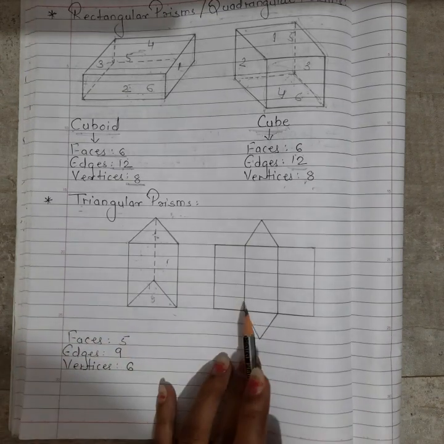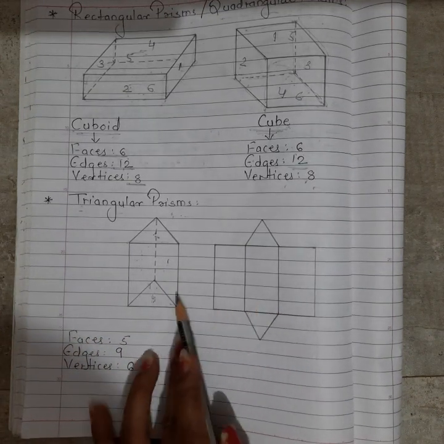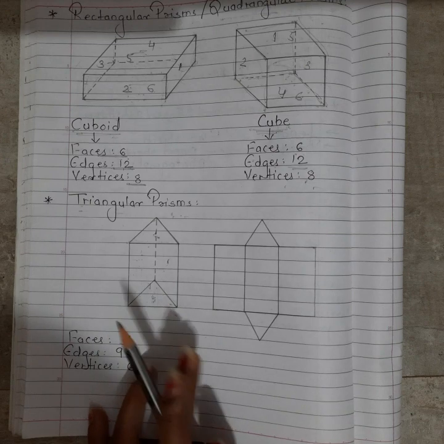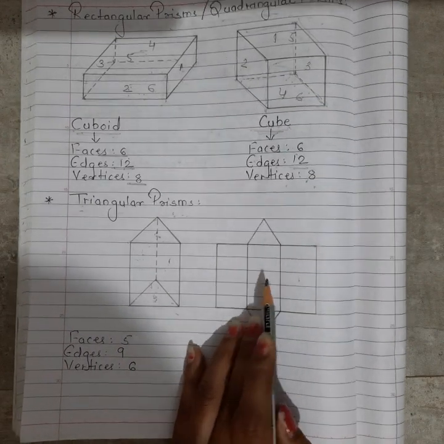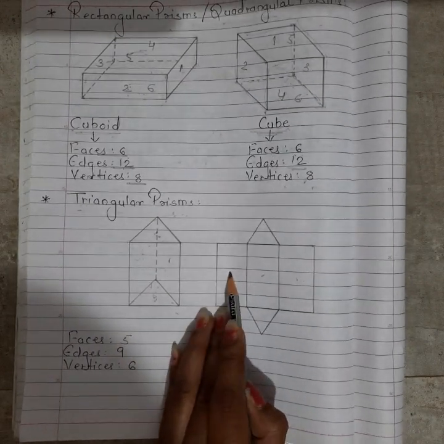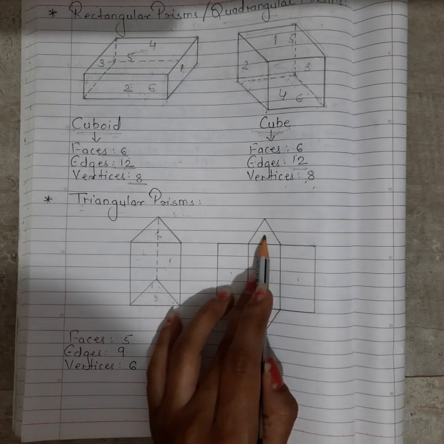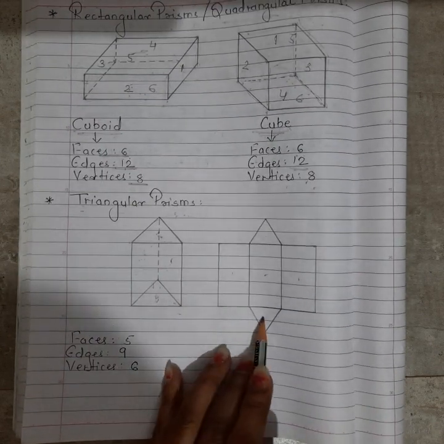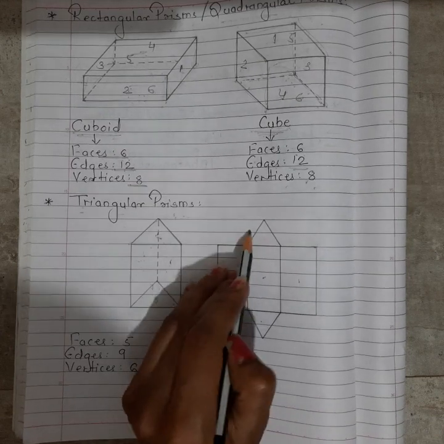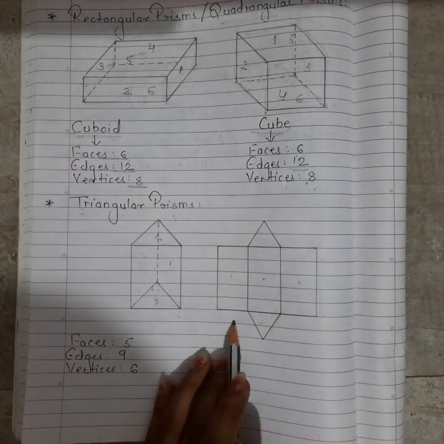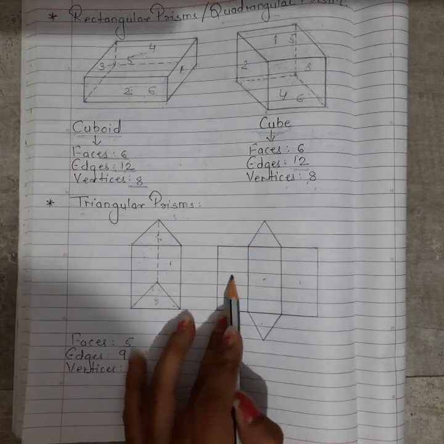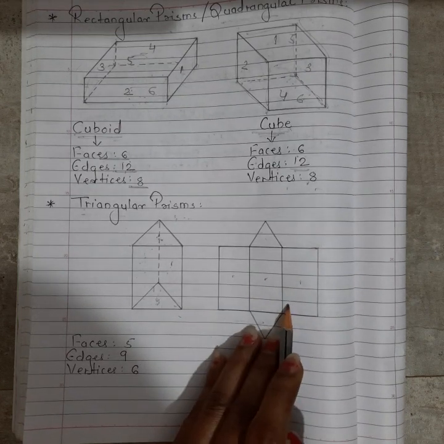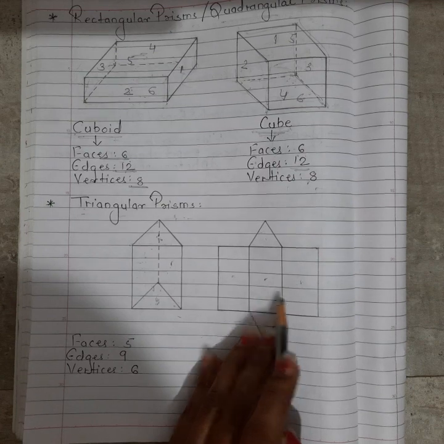See, I have drawn the 2D diagram of this triangular prism. This is side 1, side 2 and side 3, and this is side 4 and this is side 5. This is the top side, this is the bottom side, and these are the rest of the sides of the triangular prism.